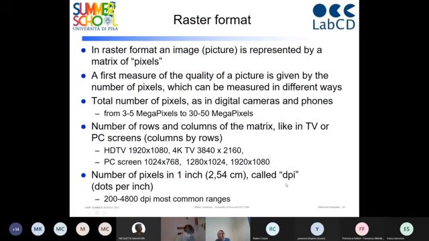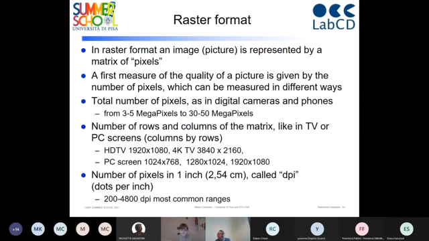And here again, today you can buy very cheaply, for 50 euros, a scanner with 2400 dots per inch, meaning that for every 2.5 centimeters of the scanned image, you will have 2400 pixels. So that gives you a good resolution. So those are the running, let me say, normal data.